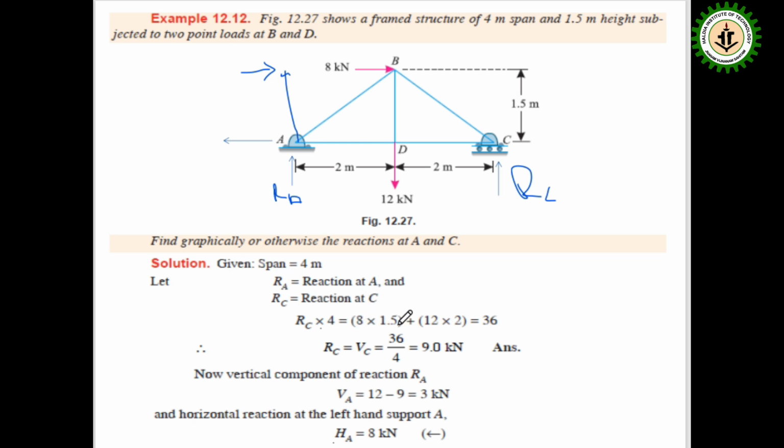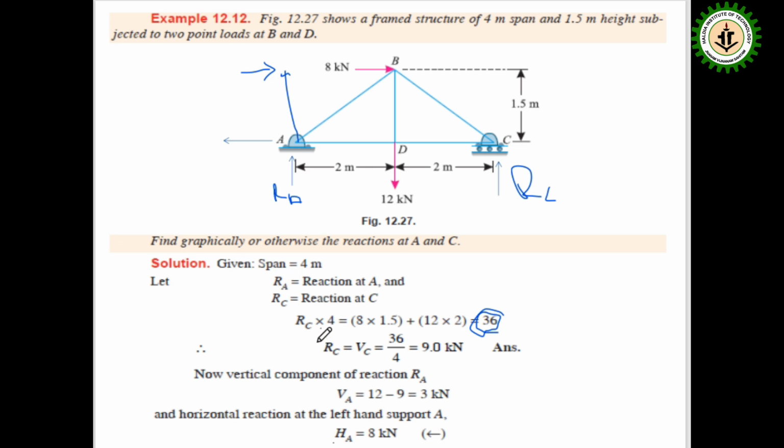So 8 into 1.5, and another force is 12. 12 is the force, into 2, which is the perpendicular distance. So 12 into 2. This is 36 in total.